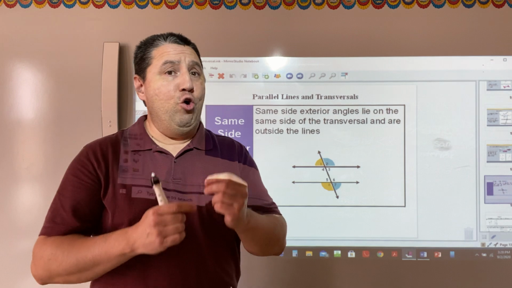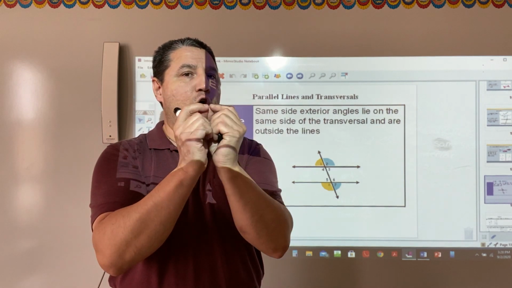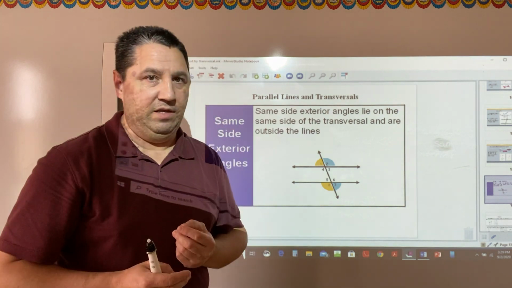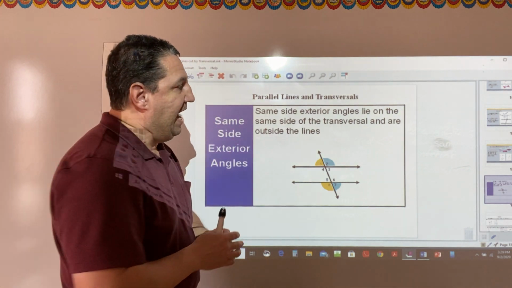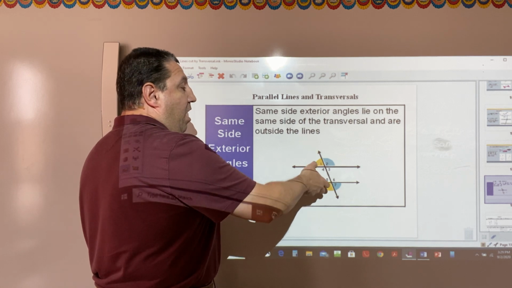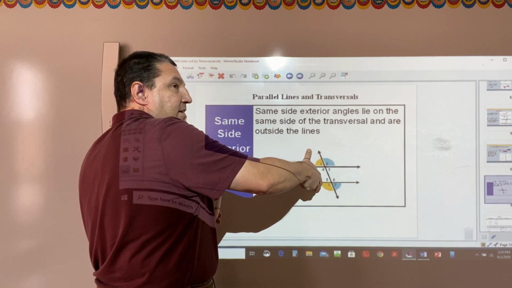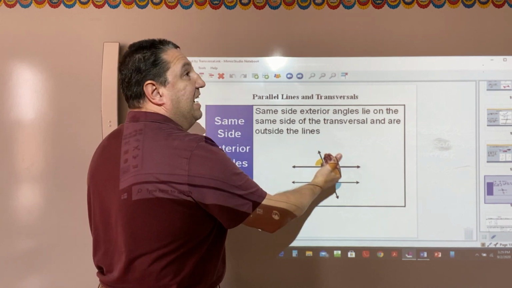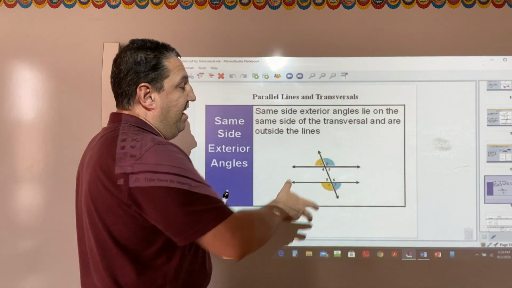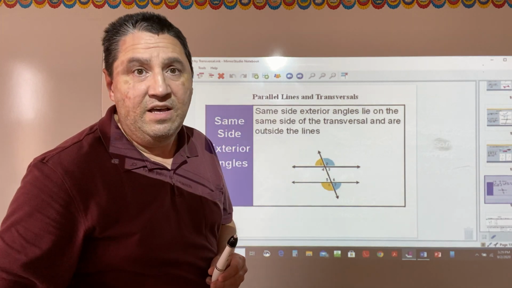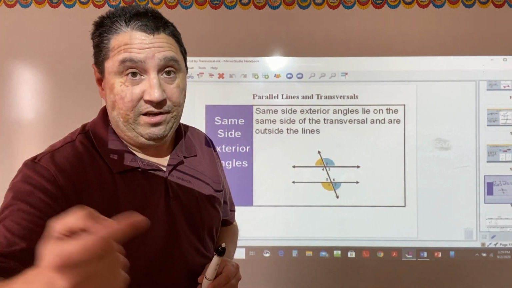Then you look at the position or the location of the angles that you consider. If the angles are outside the parallel lines, they are exterior. If they are located inside or between the parallel lines, they are called interior.